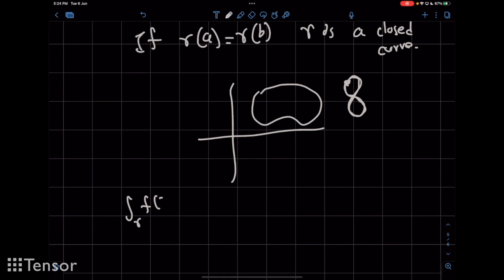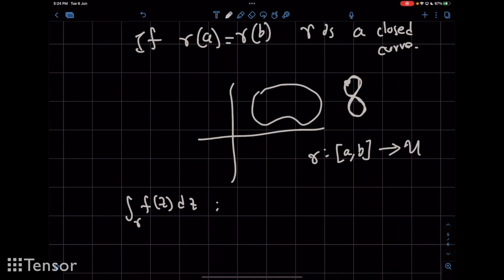Okay, so now I'm going to define what this thing is. Let's say I parameterize gamma by some function gamma, a function from a closed interval to my domain of f. So what is the definition of this?